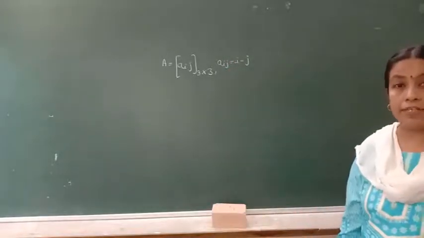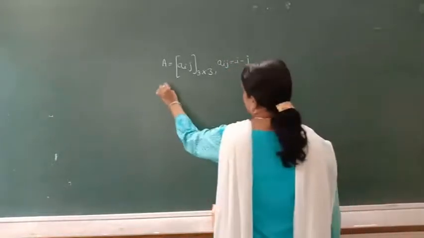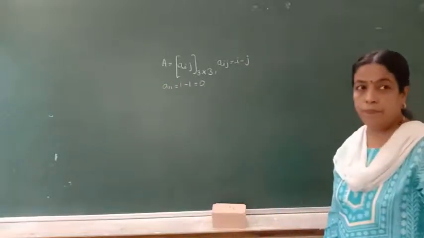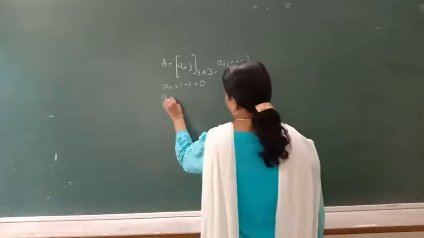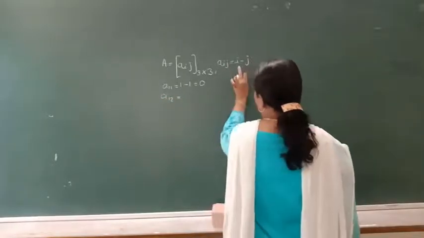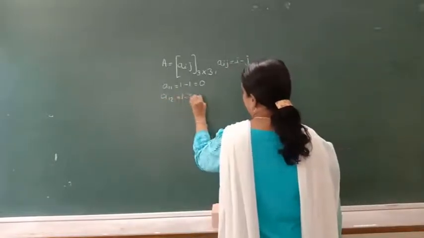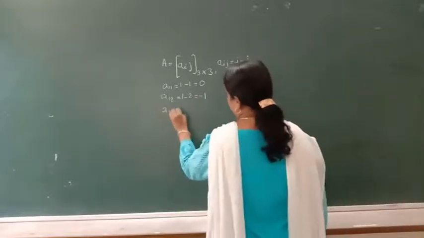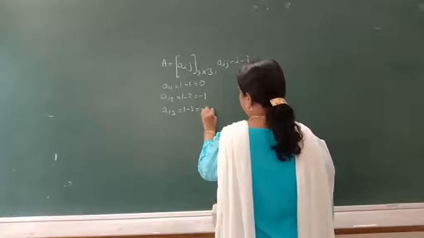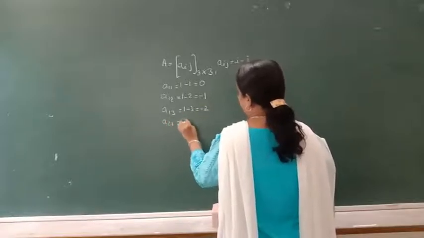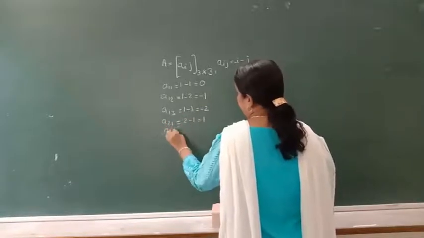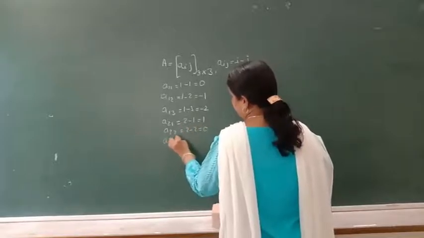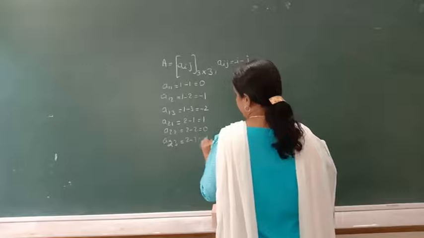First we will prepare this matrix. A11 will be 1 minus 1, which is 0. Next element A12, that is i and j, so for every element, 1 minus 2 is minus 1. Now A13, 1 minus 3 is minus 2. A21, 2 minus 1 is 1. A22, 2 minus 2 is 0. A23, 2 minus 3 is minus 1.